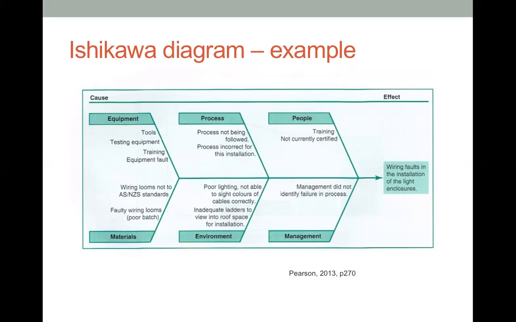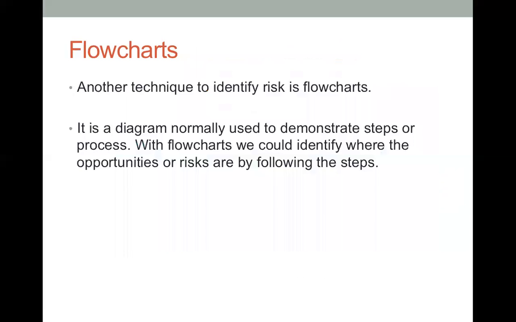From the process perspective, the process may not be followed by our team members, so we have this problem as well. From the equipment perspective, the tools may be outdated, as we discussed before. Hopefully this gives you an idea in terms of identifying risks.